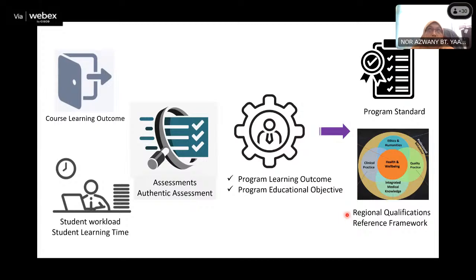Okay, so Prof. Tatsia and Prof. Hairul have shared how they do the credit transfer and student mobility. We also have in our medical degree program student mobility with the Maastricht universities and a few other countries. But what I will share with you is the recognition we receive when we have complied with our program standard locally and also aligned with the regional qualification reference framework.